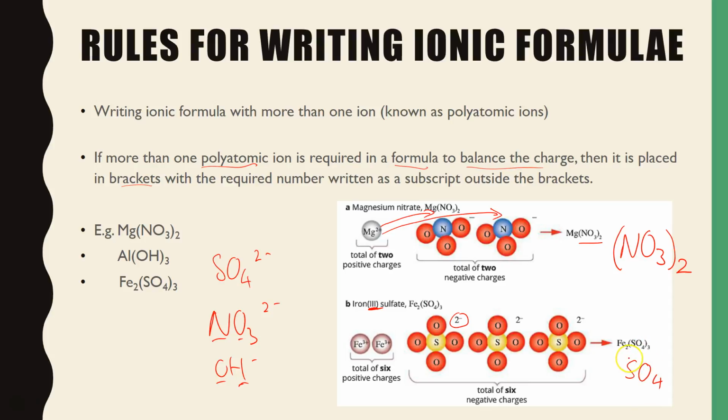So SO4 is sulfate, and that's a 2- charge, which would only accept 2 of those electrons from iron. So we need 3 lots of them to accept all 6 of the iron electrons. If we have 3 lots of them, we'll put a 3 there, which means there's 3 times the whole compound. So now that compound has the same number of electrons.